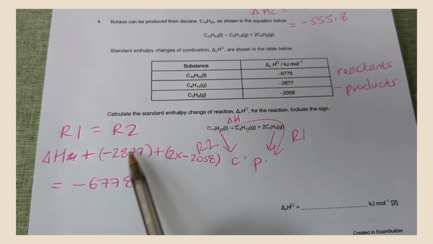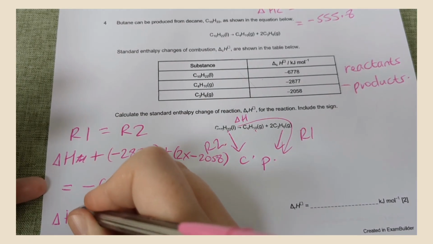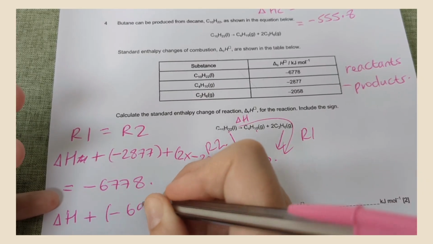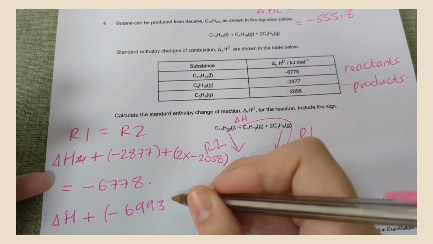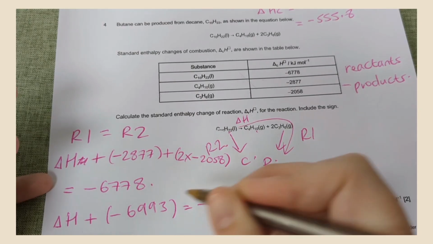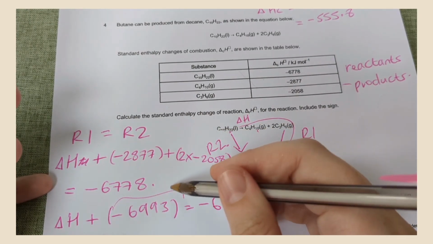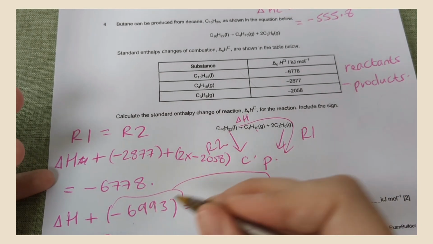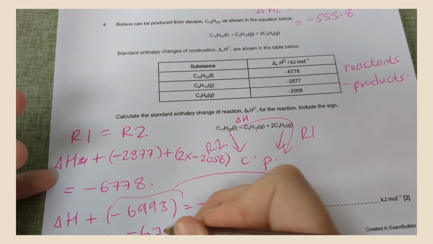So I'm going to work out what this gives on my calculator first. So I end up with this, delta H plus minus 6993 equals this. Now I want to move this over the equals, so it goes from being a minus to being a positive once it moves over the equals.